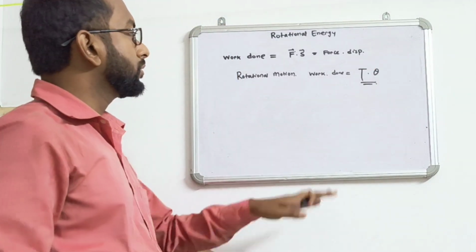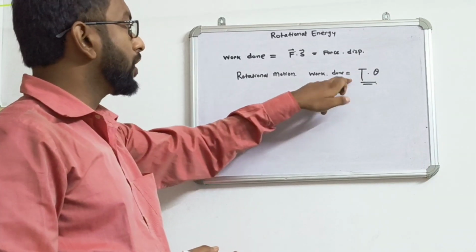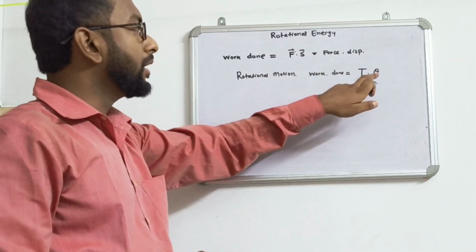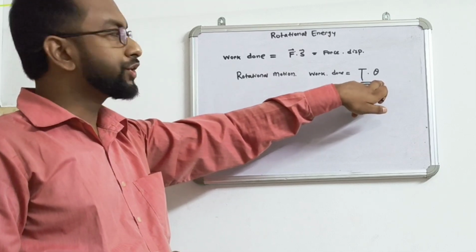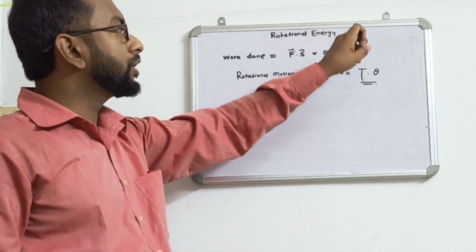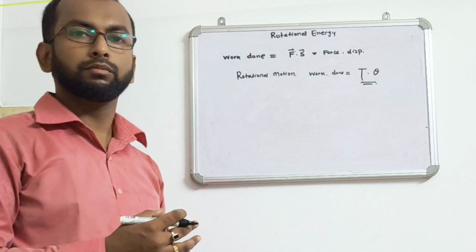Torque into angular rotation, because torque is equivalent to the force and theta, the angular displacement or angular distance, is equivalent to the displacement here in the case of translational motion.